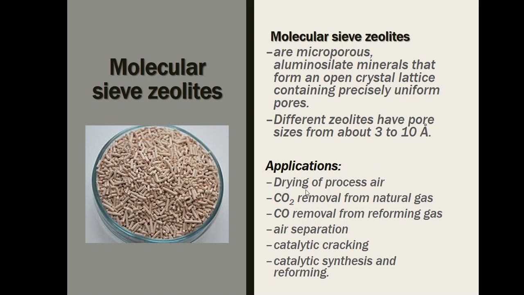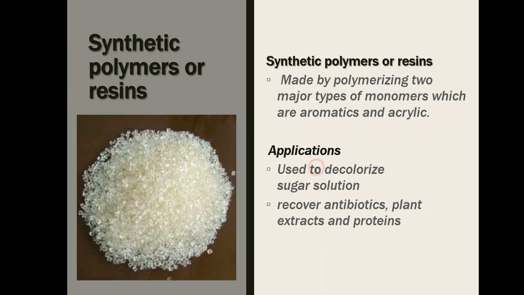You have drying of processed air on top of the list, CO2 removal from natural gas, carbon monoxide removal from reforming gas, air separation, catalytic cracking, and catalytic synthesis and reforming. I think these are just a few of the many applications of molecular sieves.